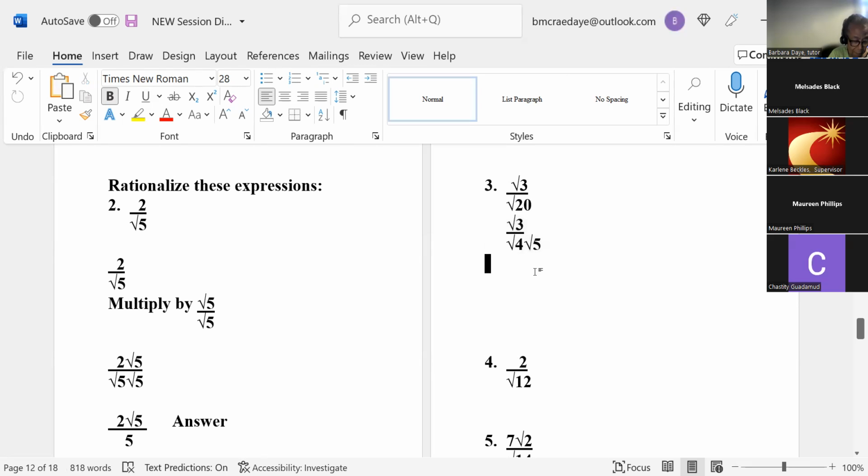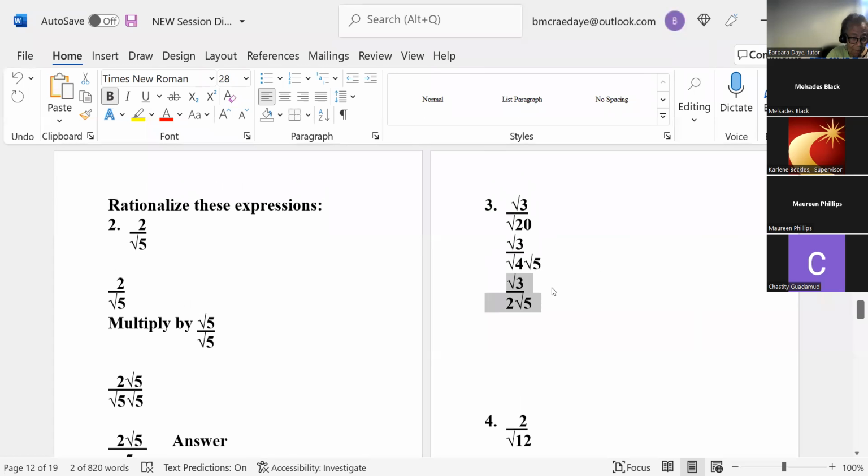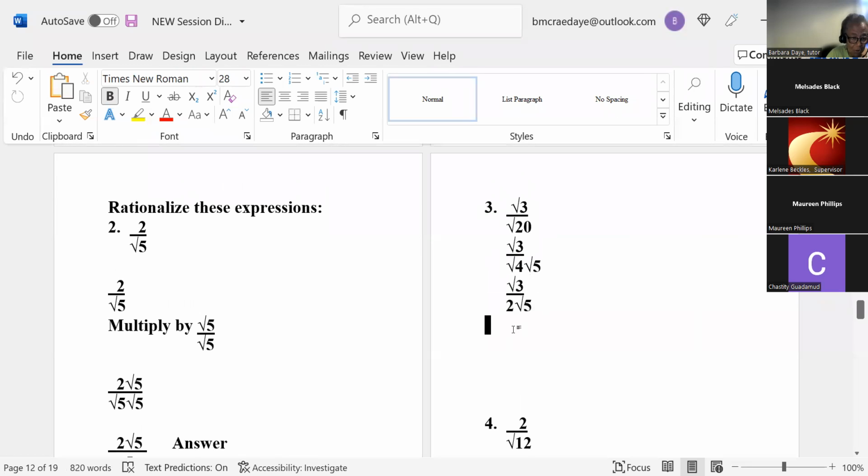So that's a 2. So let's just copy that. And now this is a 2 times the square root of 5. Now you multiply the square root of 5 times square root of 5. You follow? So now you multiply square root of 5 times the numerator, square root of 5 times the denominator.